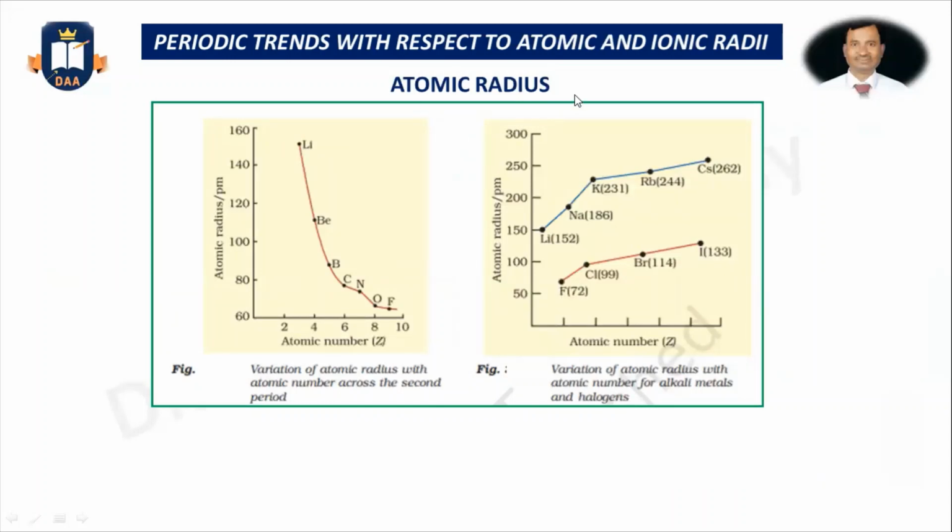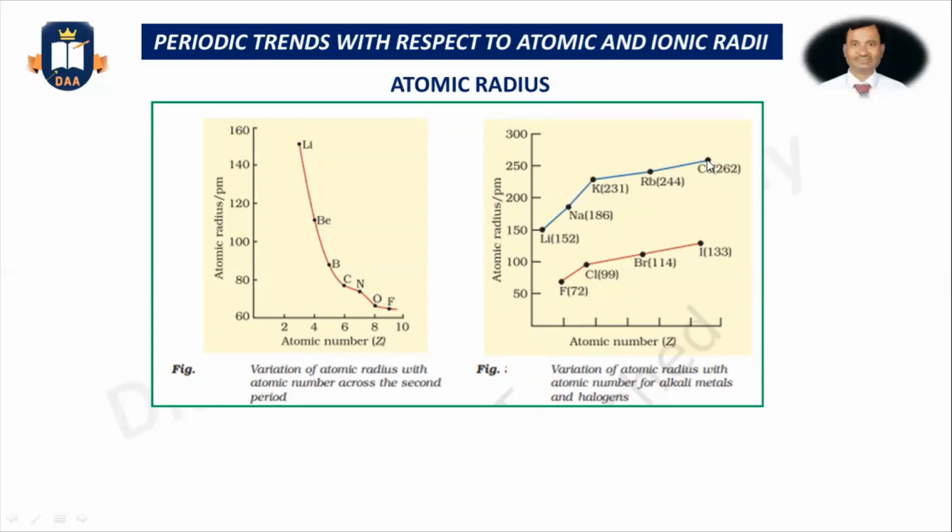And you can see in this graph some atomic radii. This is period number 2: lithium, beryllium, boron, carbon, nitrogen, oxygen, fluorine. If you plot the atomic radius in picometers versus the atomic number, you can see that from lithium, the atomic radius is decreasing along the period.